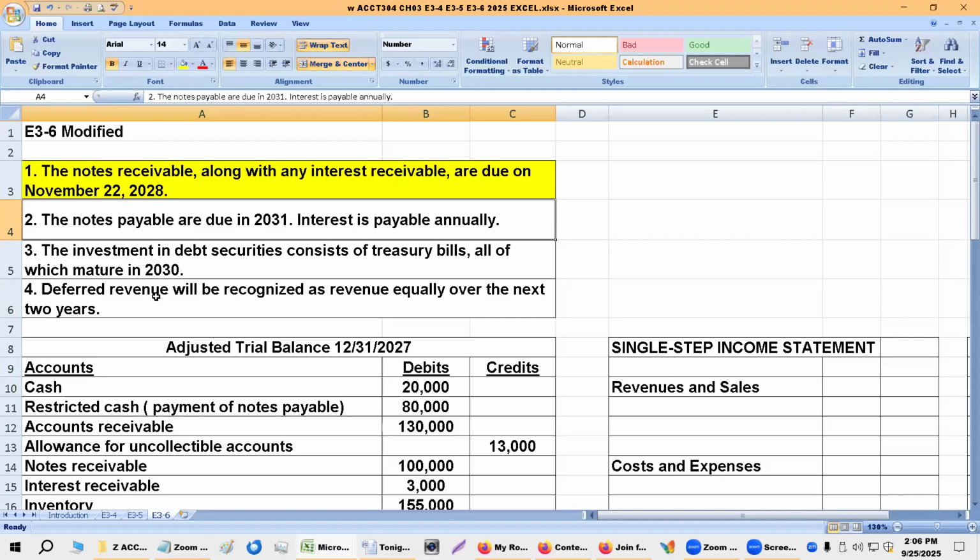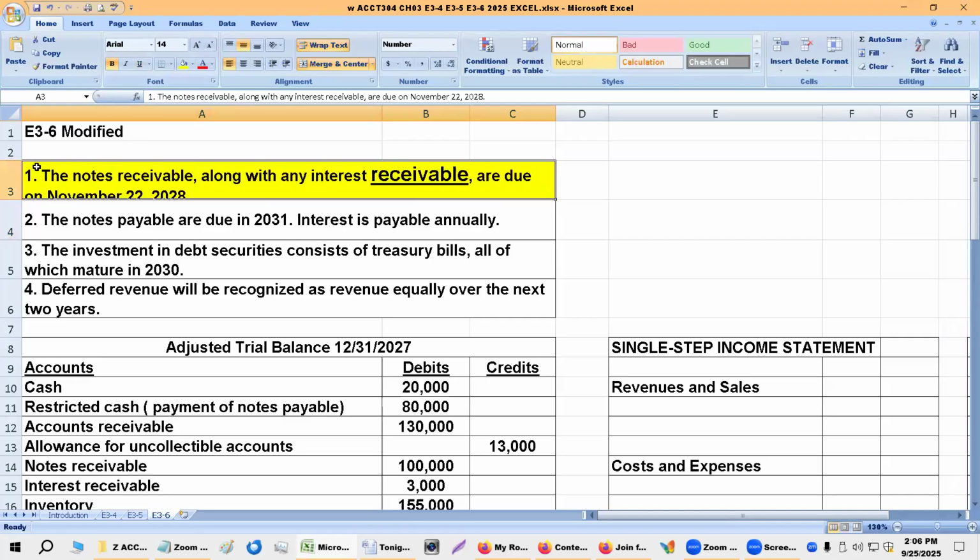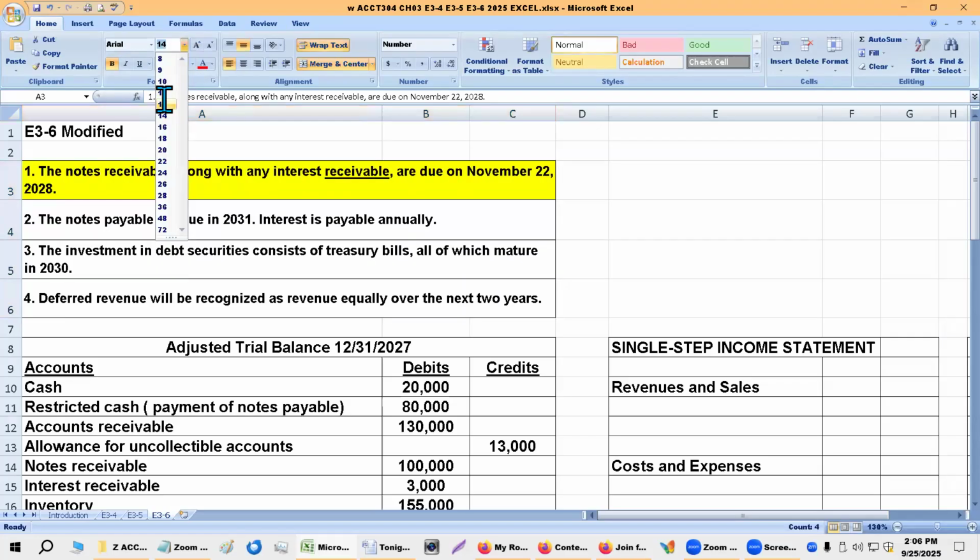All right, so notes receivable, along with any interest due, are due on November 22nd, 2028. Now be careful with this one because notice that these are notes receivable. If they're receivable, what kind of an account are they?